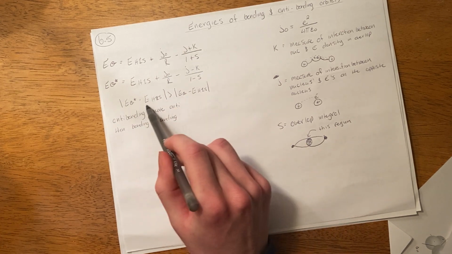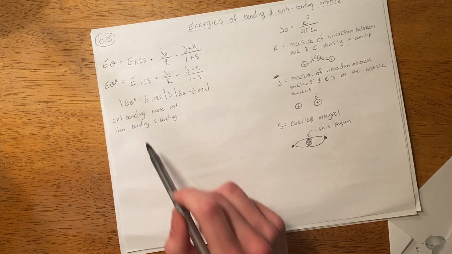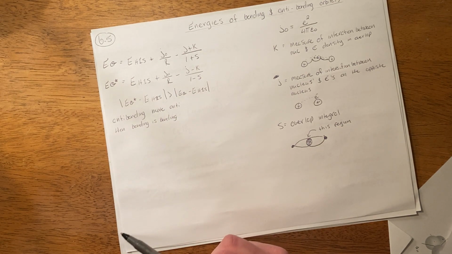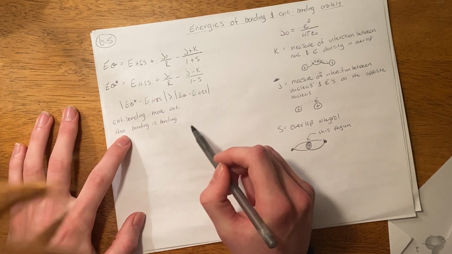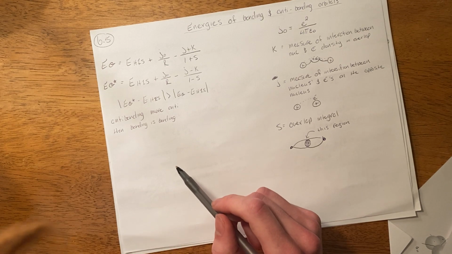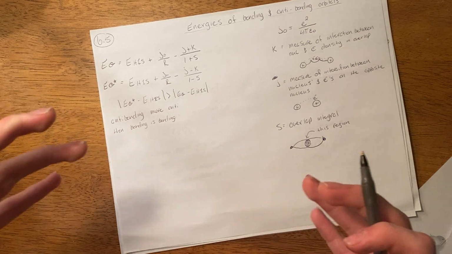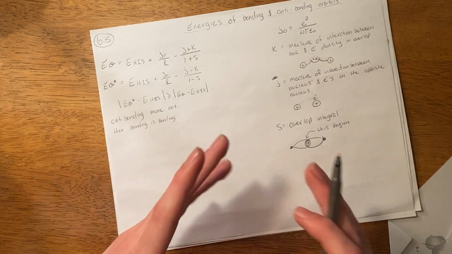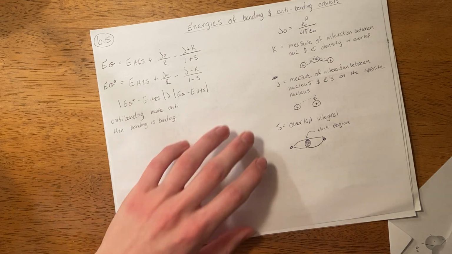As we see, the absolute value of the anti-bonding orbital minus the energy of the 1s is actually greater than that of the bonding minus the energy of the 1s, which essentially tells us that anti-bonding orbitals are more anti-bonding than bonding orbitals are bonding, which explains the fact that the energy of anti-bonding orbitals is much greater.